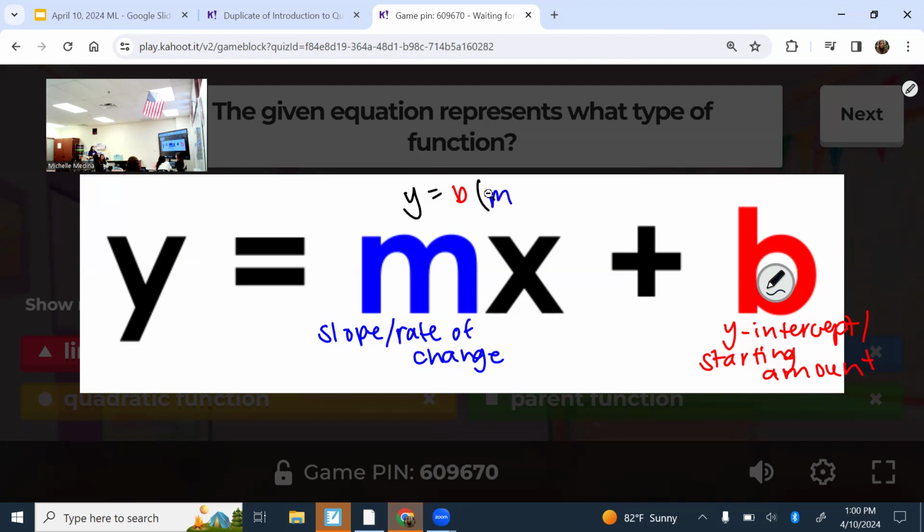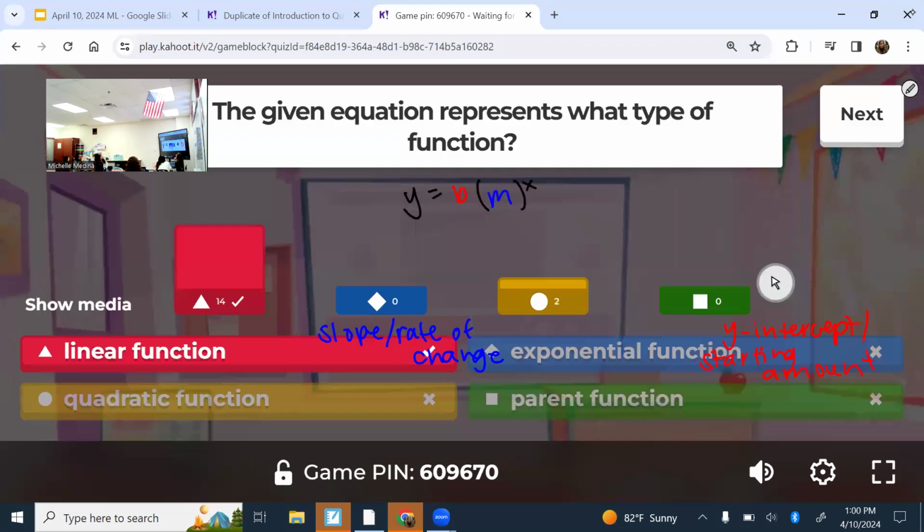I don't like doing this because it can be a little confusing, but you remember in exponentials the number without the exponent was your starting amount, and also your y-intercept. And then this was what it was changing by each time, like multiplying by 2, multiplying by 1/2, whatever it was. So pretty cool representation. But anyway, moving on.